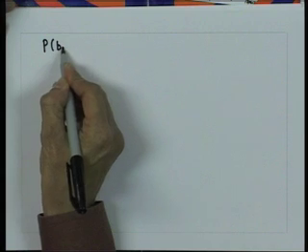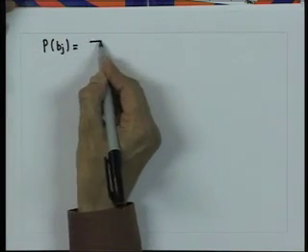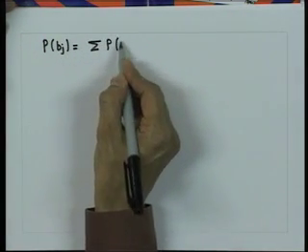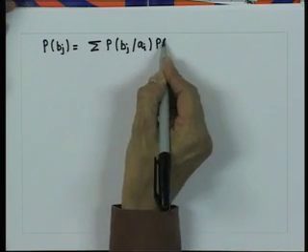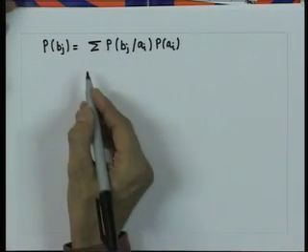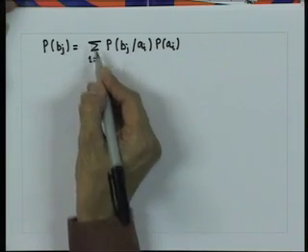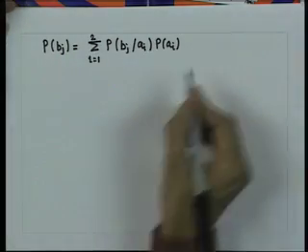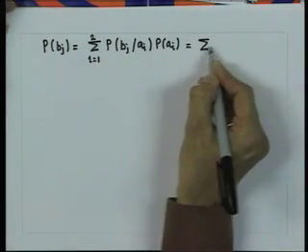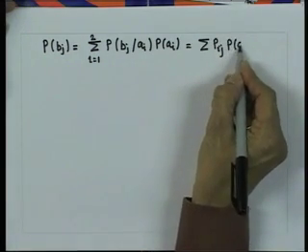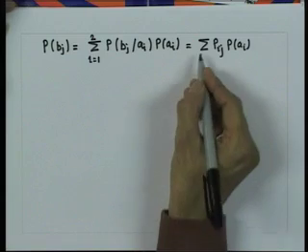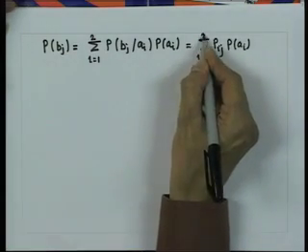Probability of Bj is equal to the sum over i equal to 1 to 2 of probability of Bj given Ai multiplied by probability of Ai, which is equal to Pij multiplied by P(Ai), i equal to 1 to 2.